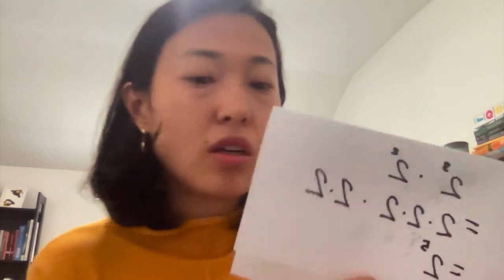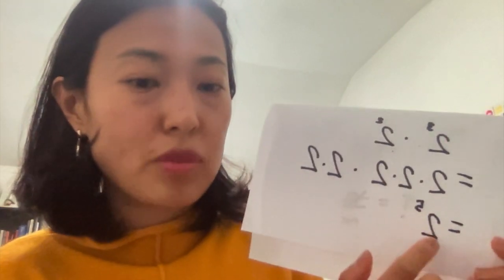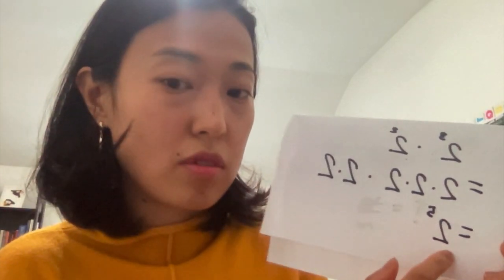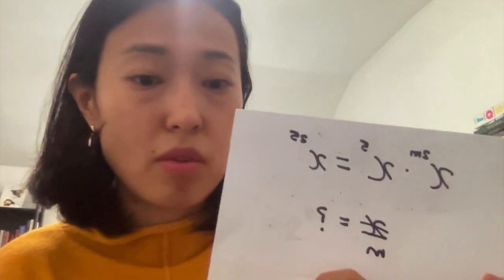Right, so from here we can see the rule: if the two exponentials are sharing the same base and we're multiplying them, then we can add the exponents to get the new term. Does that make sense?